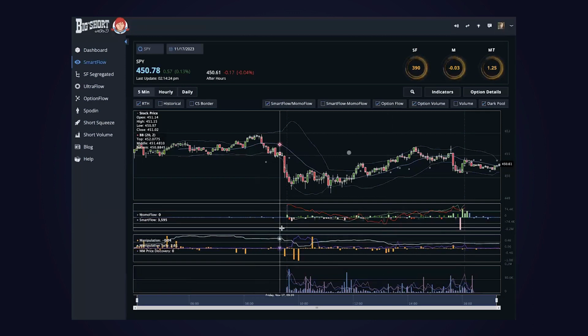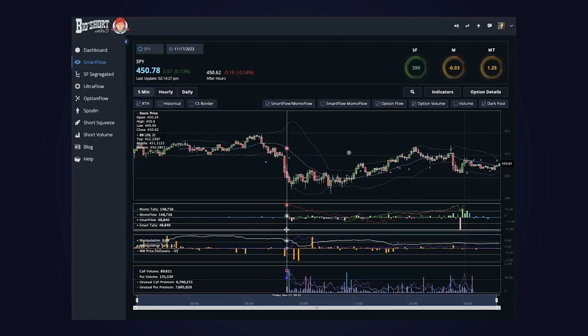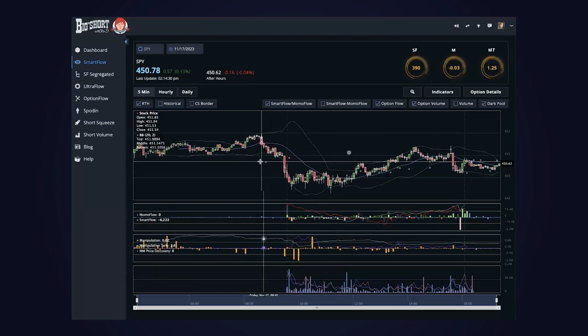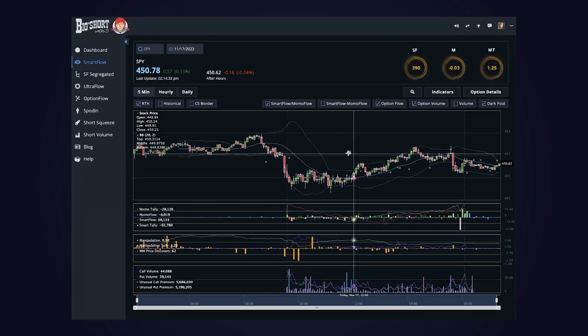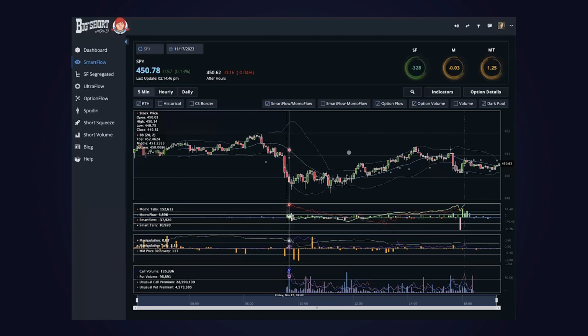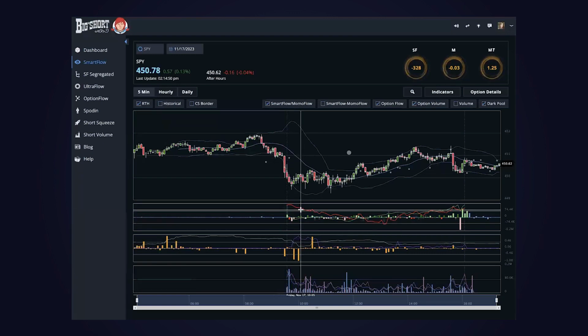And so this morning, when I was looking at the charts, as you can see, this is our candlestick chart. These dots are dark pool prints, which we visualize on the chart for you so you can see support and resistance levels. This is our SmartFlow. The green line is SmartFlow tally, and the red line is Momo tally.